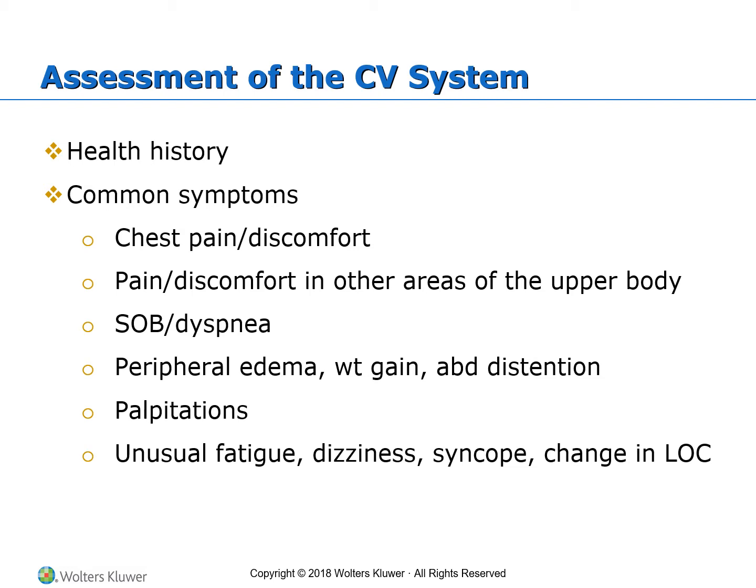During the health history, make sure that you determine if the client and any immediate family members can recognize symptoms of acute cardiac problems. So if you have someone who is at risk for cardiovascular disease, are they able to identify the clinical manifestations or signs and symptoms of acute coronary syndrome, heart failure, an MI, or myocardial infarction, heart attack?